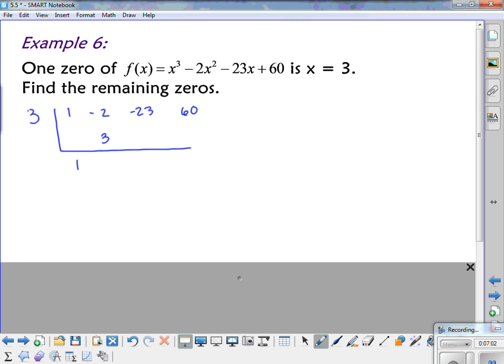Add those together, I get 1. So we have a 3 again. And I get negative 20 times 3 is negative 60. I have my remainder of 0. So f of x equals x minus 3 times x squared plus x minus 20. And we want to find the zeros, so actually we're going to set it equal to 0.